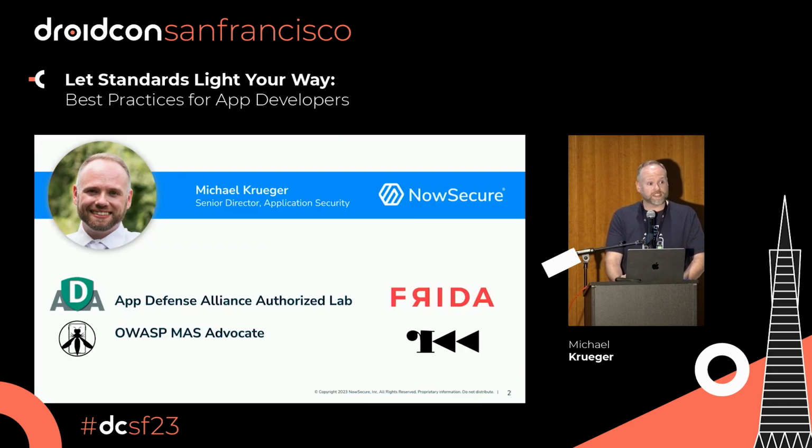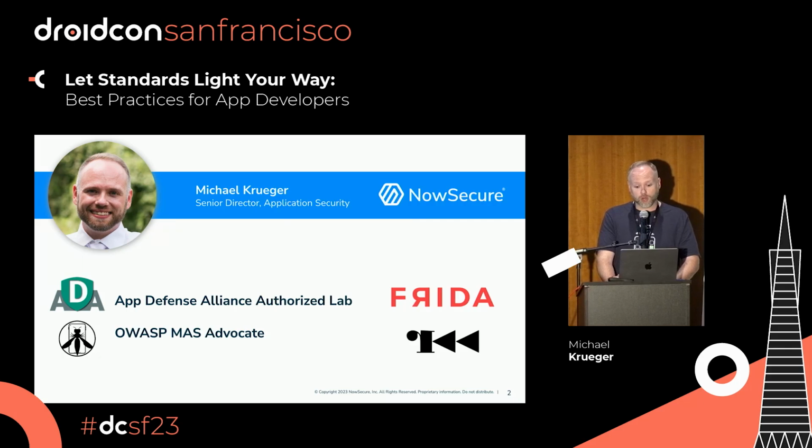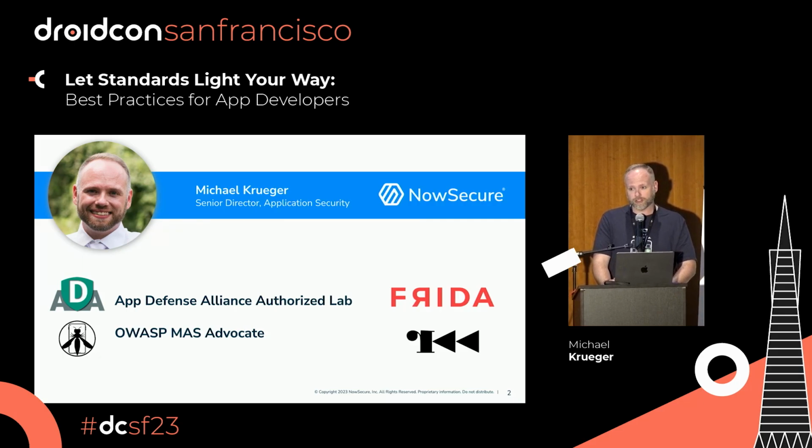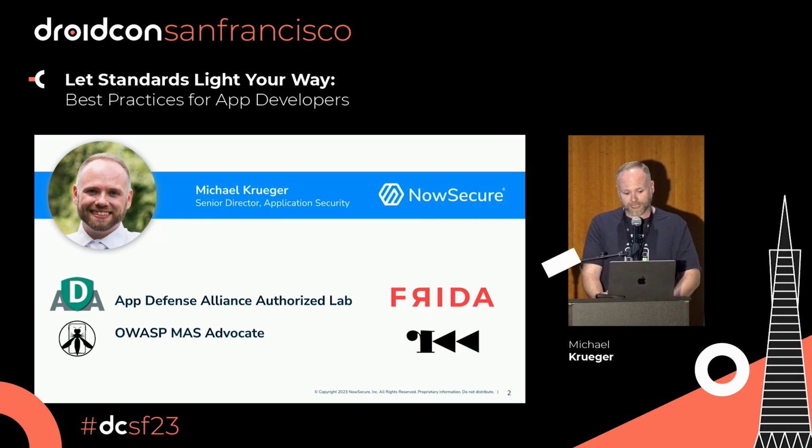To introduce myself, my name is Michael Krueger. I am the Senior Director of Application Security at NowSecure. I run NowSecure's penetration testing team: 18 mobile reverse engineers, network analysts, and subject matter experts, all in mobile security. NowSecure is a mobile-first, mobile-only company.